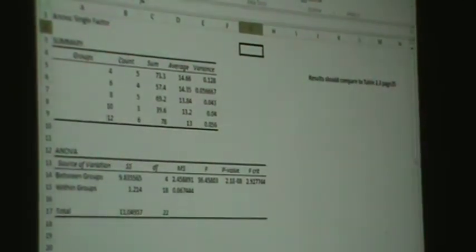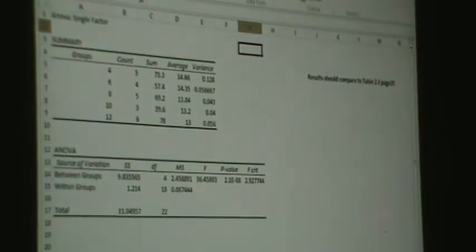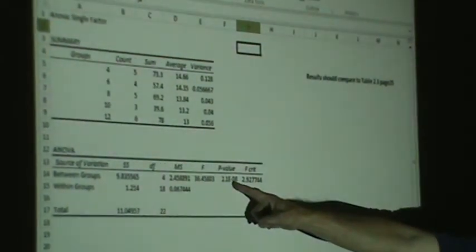There's a different F distribution for each, but for this particular one, the 5% F critical is this. Well, goodness, we had 36. We're way out here. So the probability that you got that by just randomness is 2 times 10 to the minus 8.